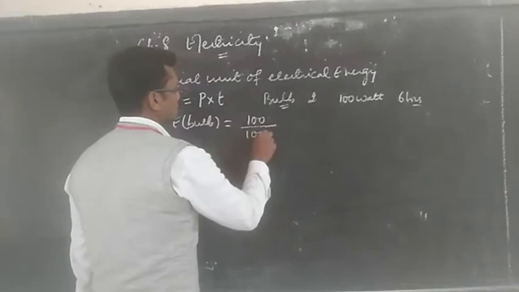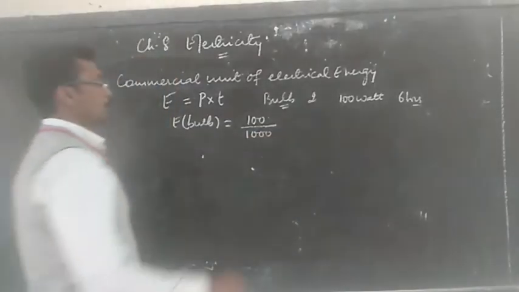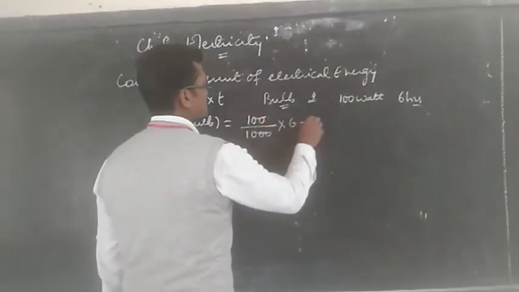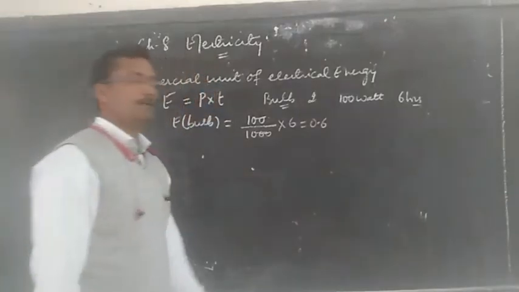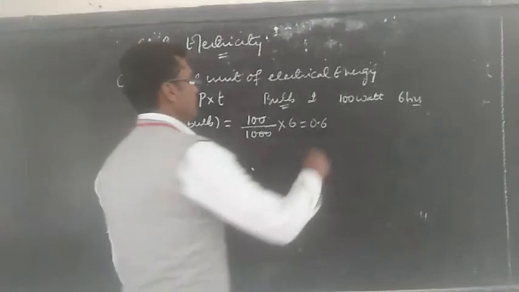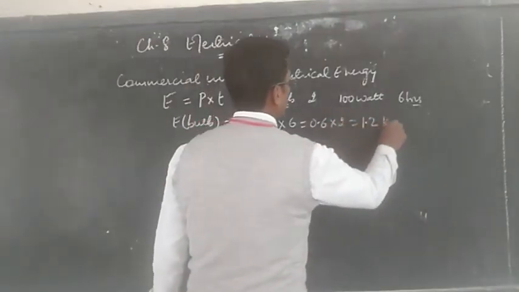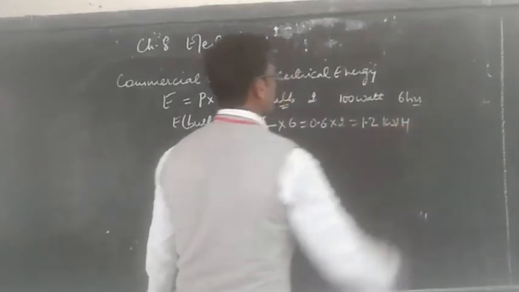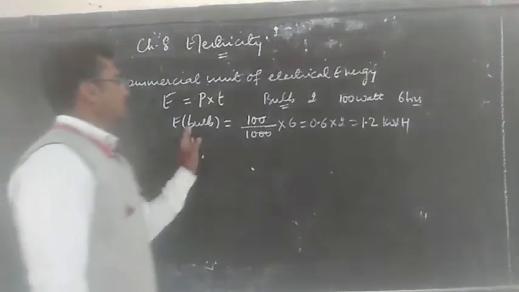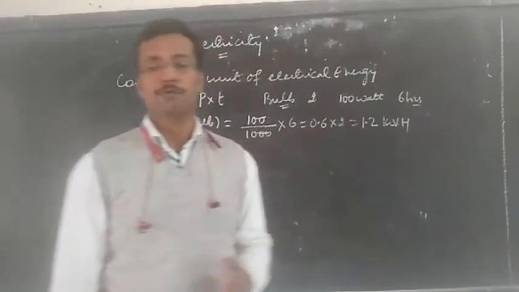Convert this to kilowatt by dividing by 1000 and into hour, which is 6. So we got 0.6 kilowatt hour, but since there are two bulbs used, we have to multiply by 2. So we have 1.2 kilowatt hour. This is the amount of electrical energy consumed by two bulbs in one day. We are calculating this for one day.